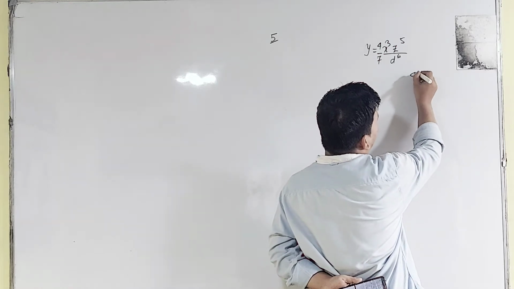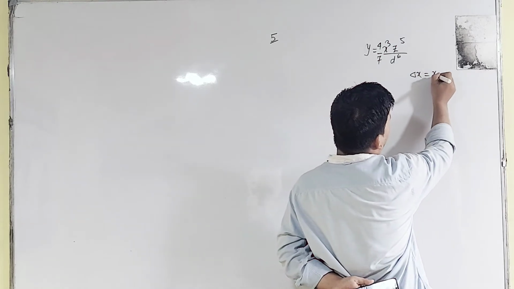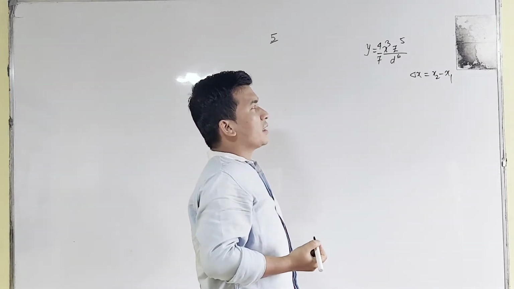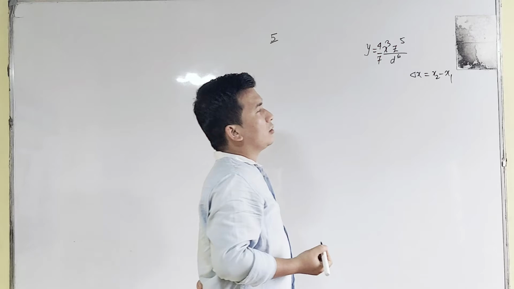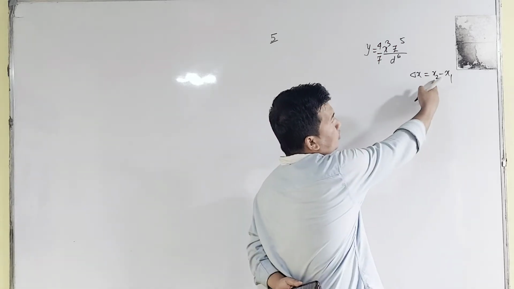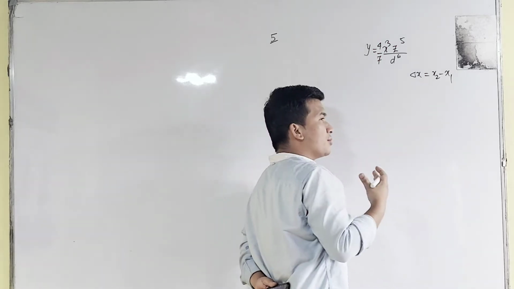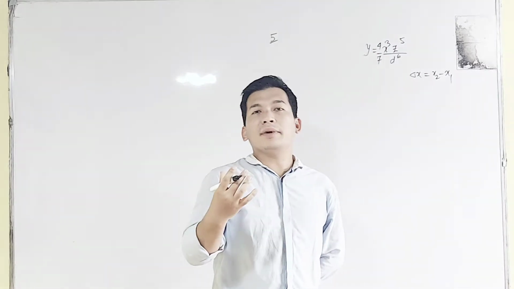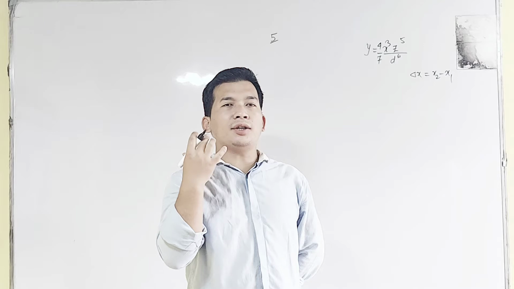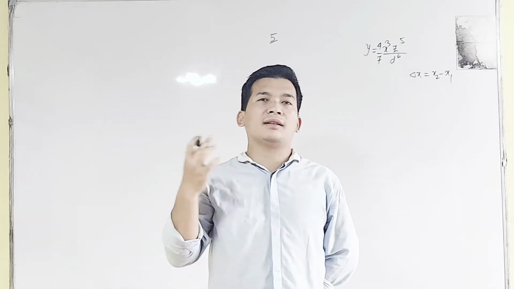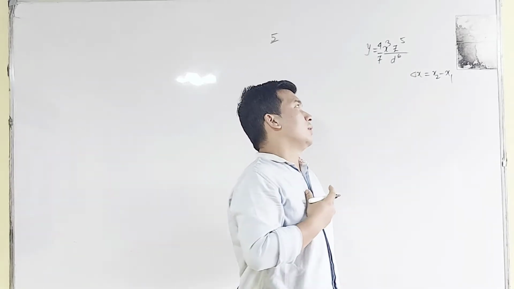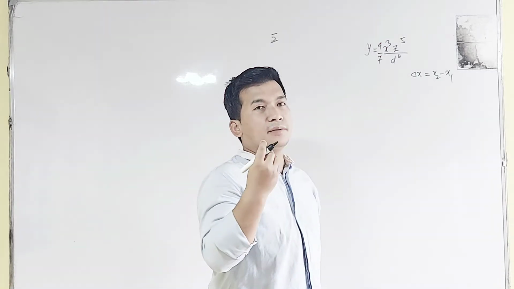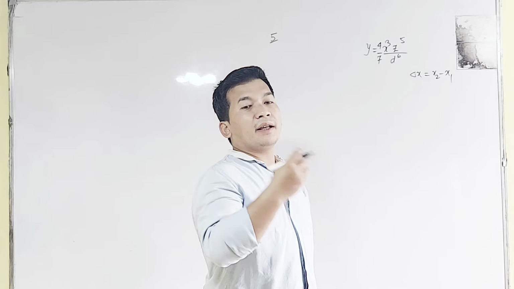What is error? Error delta x is nothing but x2 minus x1, the change in the value. If we consider x1 to be the original value and x2 to be the newly measured value, that means sometimes while we are measuring any object, there may be error, because there is a difference between your measurement and the actual value.